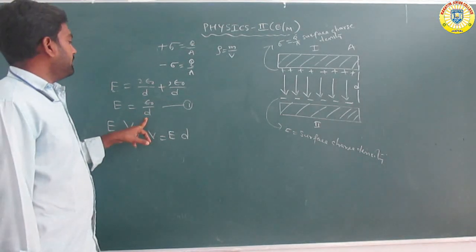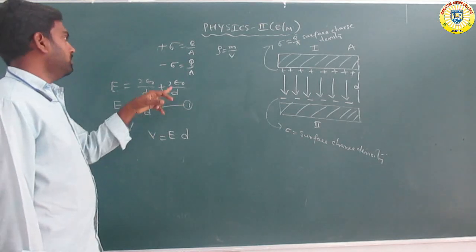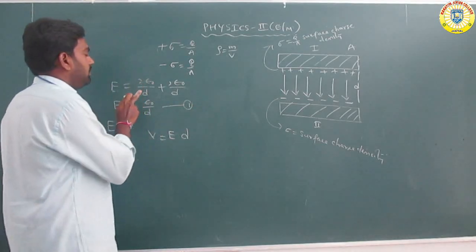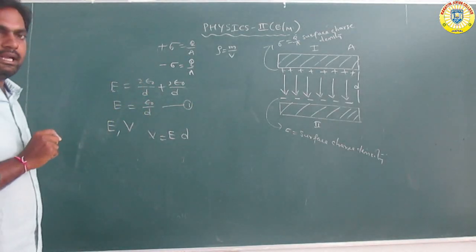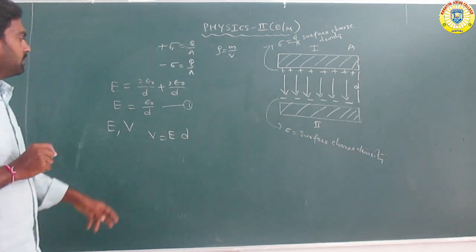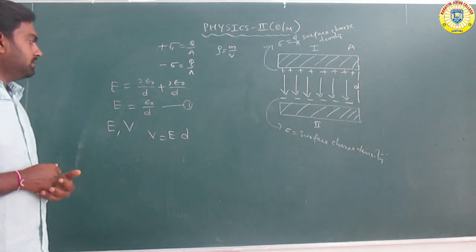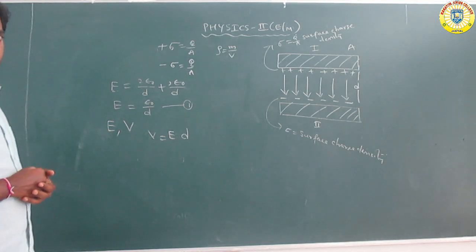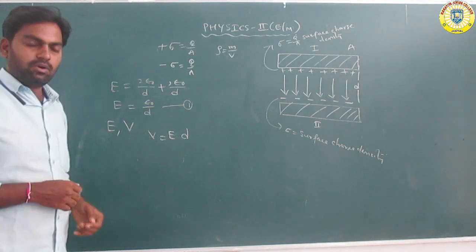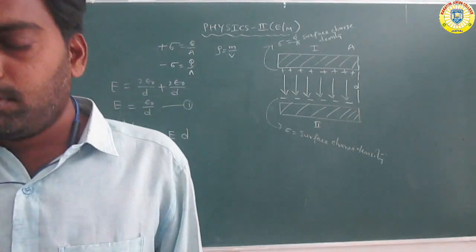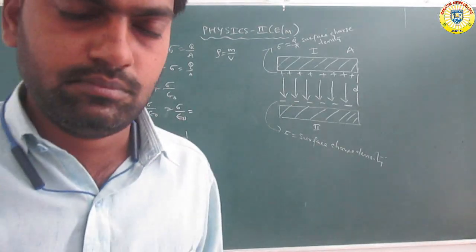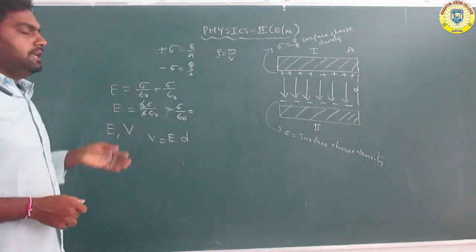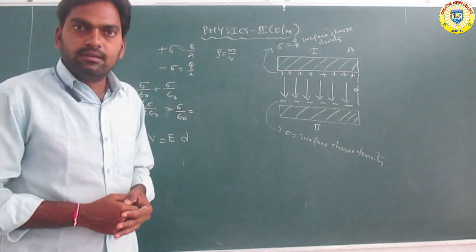Here sigma is equal to Q by A. So E is equal to sigma by epsilon.